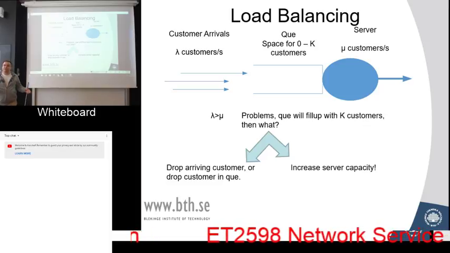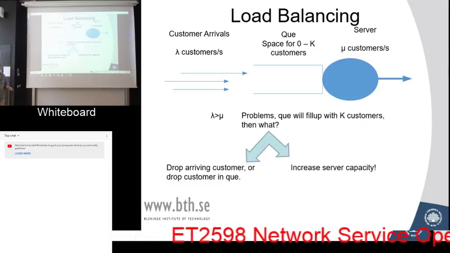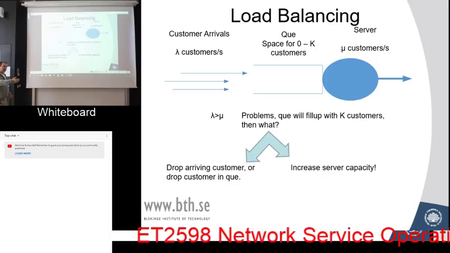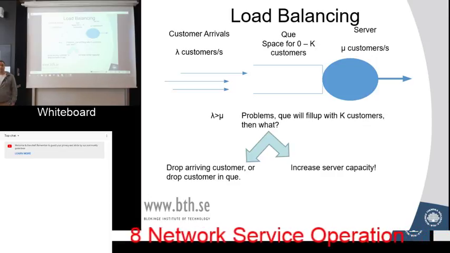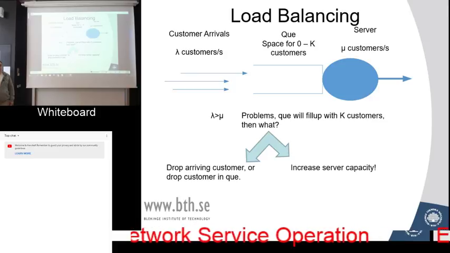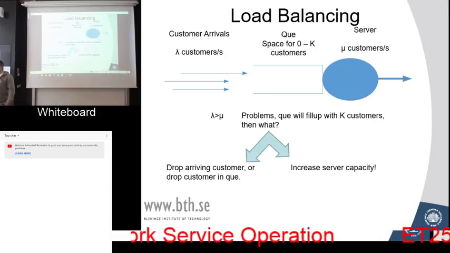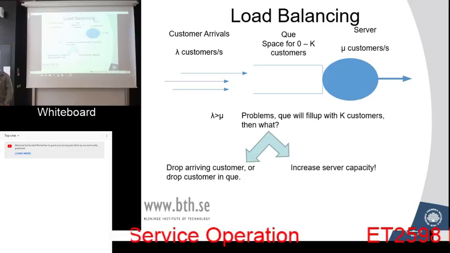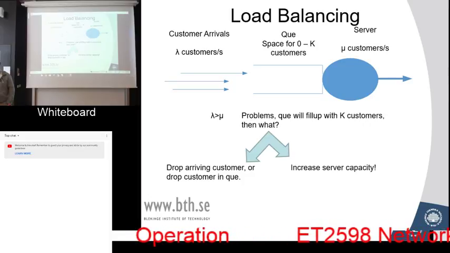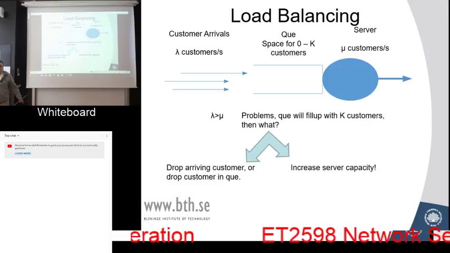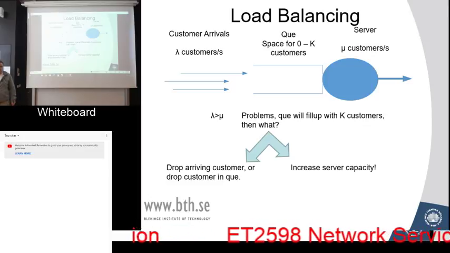There are different arguments for these. Dropping at arrival, okay. Tough luck, you're not going to be served now. On the other hand, depending on how the protocol is done on top of you, that might be better, because then there's a problem and you need to fix it some other way.